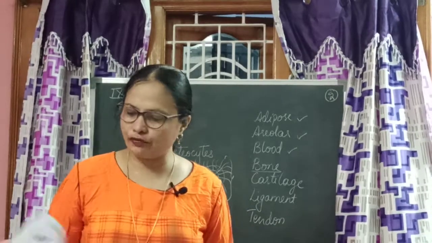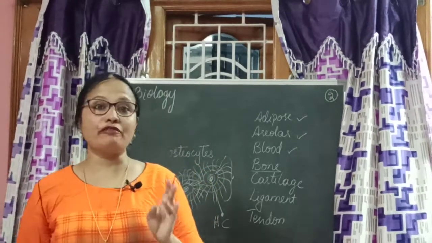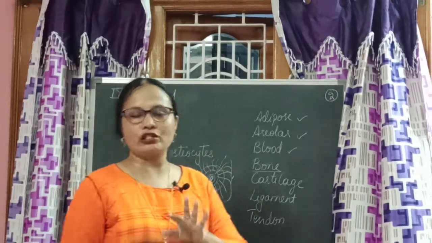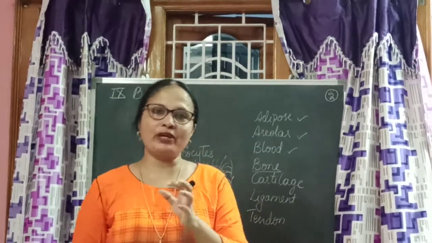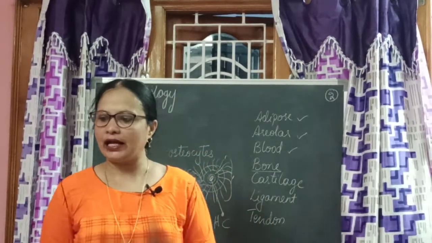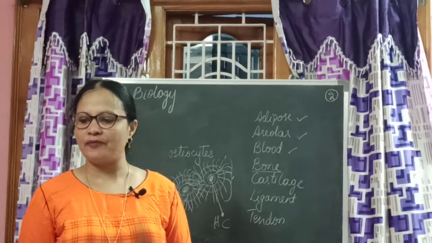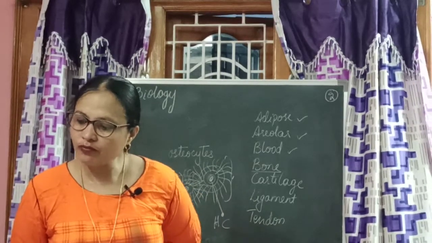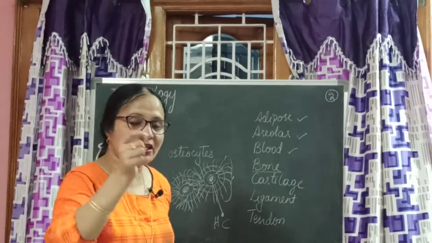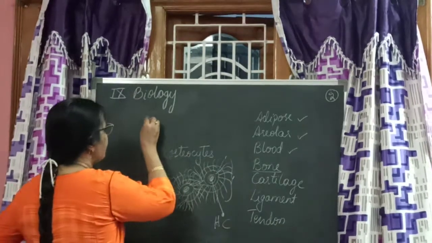Now what do we know about this? Bone is made up of calcium phosphate. Prominently it is made up of calcium. And then the salts, calcium phosphate and calcium carbonate, are secreted by the cells called osteocytes.